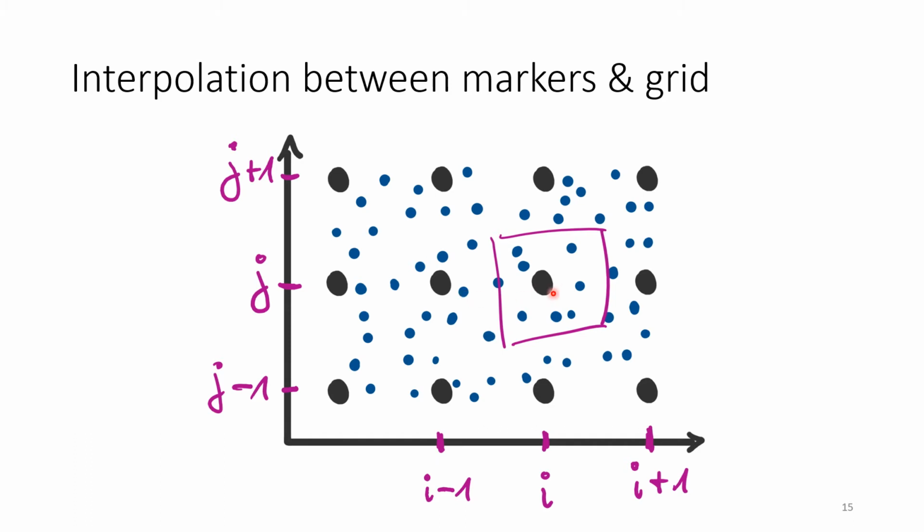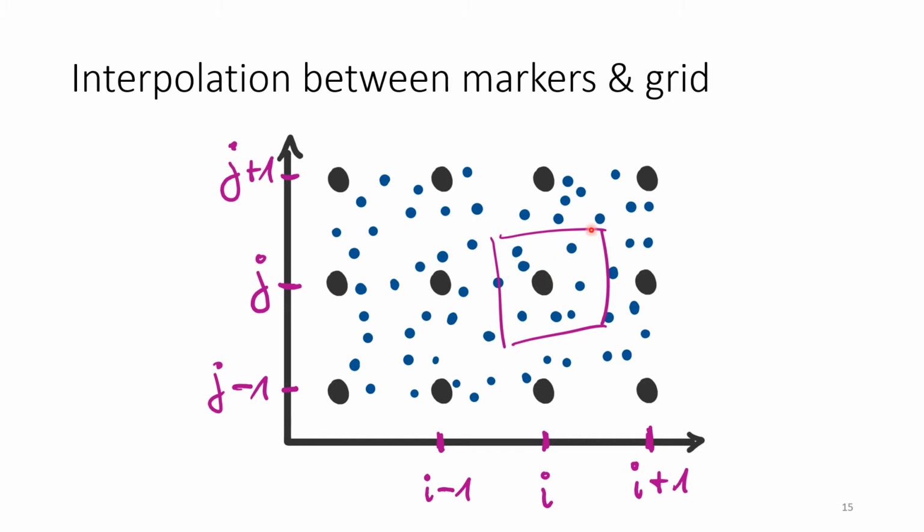It wouldn't be a linear relationship, but a more bell-shaped one, and depending on the bell shape, your region of interest would vary. But this is the idea. You have your markers, and whatever weighting scheme you're using, you interpolate the value from the markers to the grid points, and if necessary, vice versa.